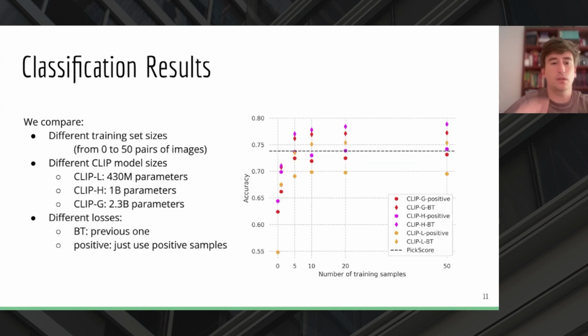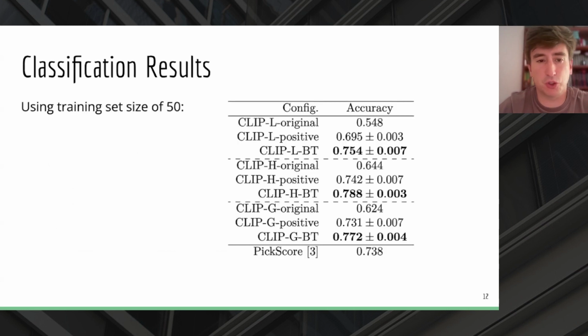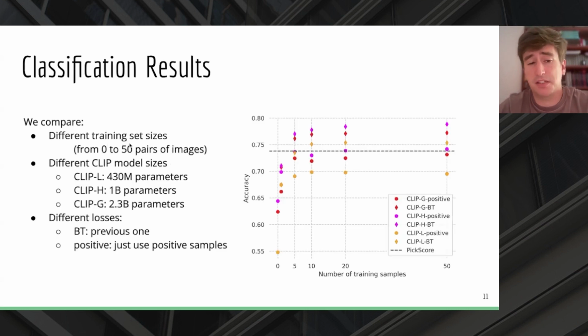Okay, you can see here some examples. We tried different training set sizes, from no training set to 50 pairs of images. We tested different model sizes. As you can see, CLIP is quite big, because the smallest version has 30 million parameters, up to the biggest one.